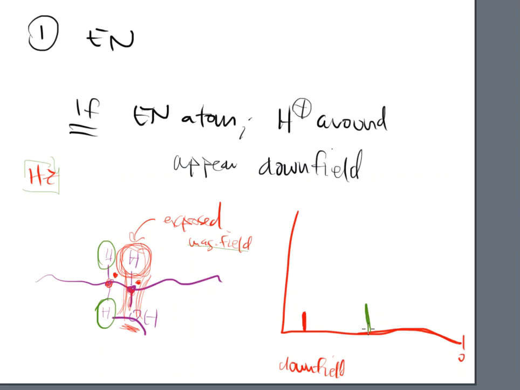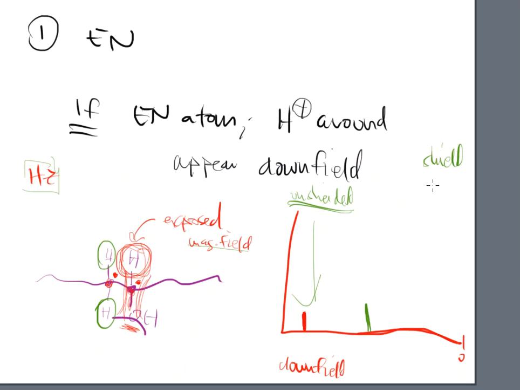So if you go back and take a look at some of our terminology that we just did, we talked about this idea that these unshielded or deshielded atoms are going to be more downfield. The shielded ones, which means they have more things around them, the magnetic pull doesn't lock onto them that well or as much. It doesn't take that much to flip them to get them to scream.